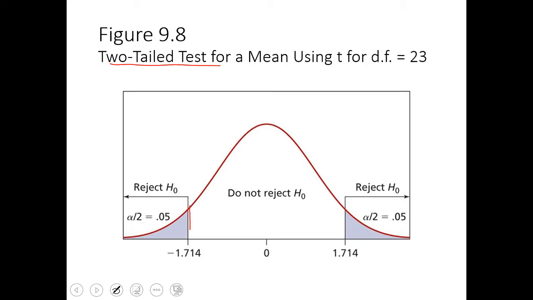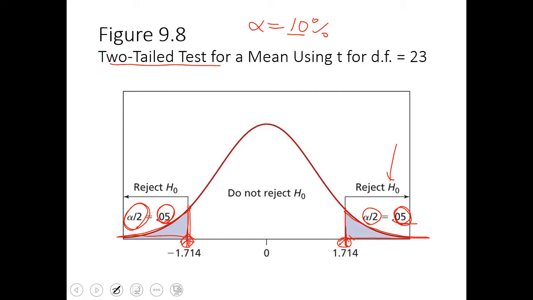So we have to find this number and this number, such that the right tail covers 5% and the left tail covers 5%, because our level of significance is 10%. So here is alpha over 2, here is alpha over 2, 5%, 5%. So then we have to find this critical value.